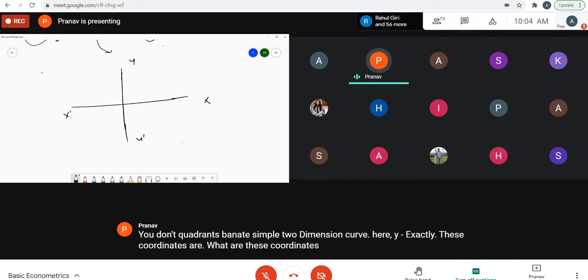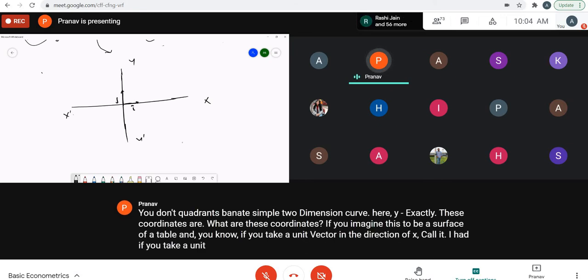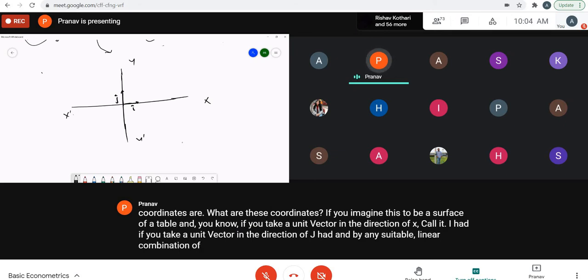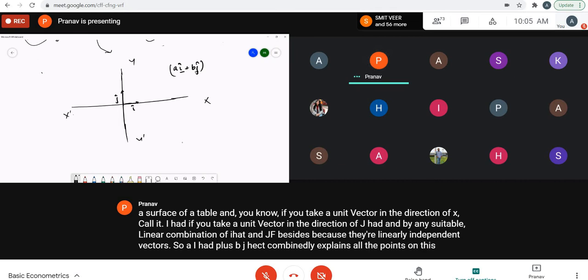If you imagine this to be a surface of a table, and if you take a unit vector in the direction of x, call it i hat. If you take a unit vector in the direction of j hat, and by any suitable linear combination of i hat and j hat, precisely because they are linearly independent vectors, so a i hat plus b j hat combinedly explains all the points on this quadrant.